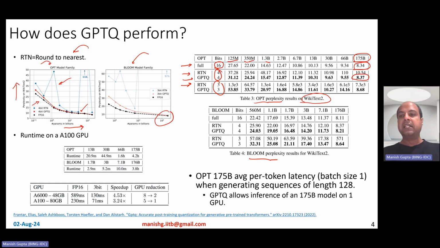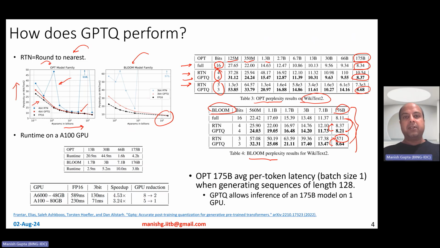Not too bad, right? Even with 3 bits, it does not go too bad. It just increases to 8.68, okay? That's that. A similar story you can observe for the Bloom model also, again all the way up to the 176 billion parameter model. Compared to RTN, you see GPTQ's perplexity is lower, which is better. RTN can sometimes go very wild and have very high perplexity values.